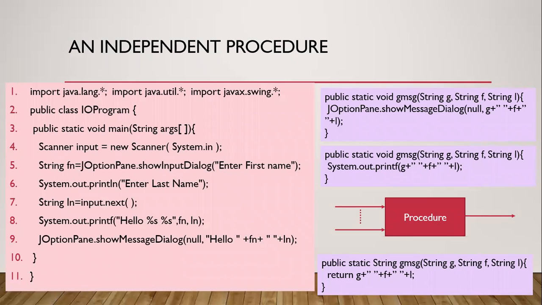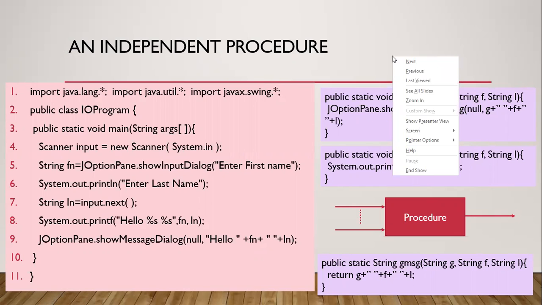First of all, we need to understand what is an independent procedure. On the left, a simple program is taken from the second lecture of the previous series.